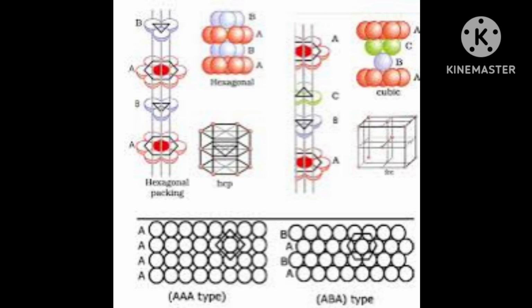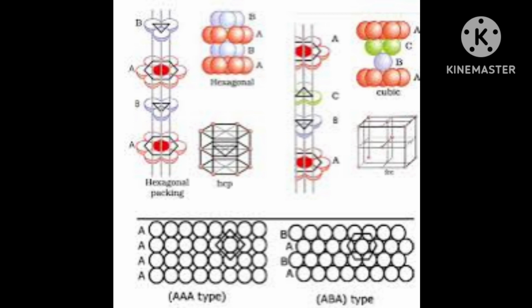If the cation is small enough, then tetrahedral voids are occupied.